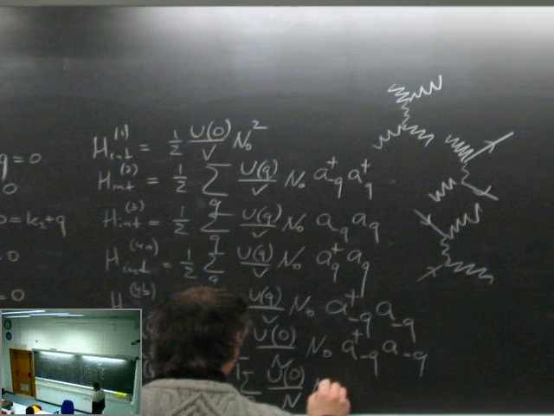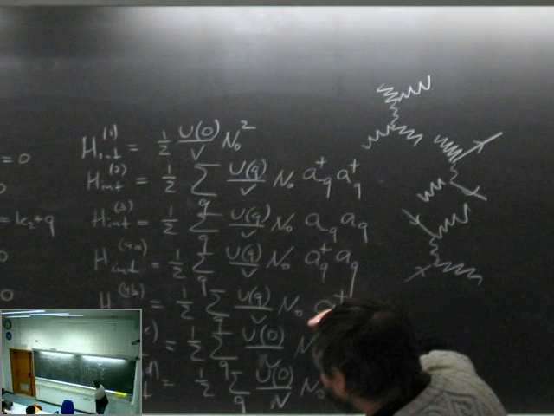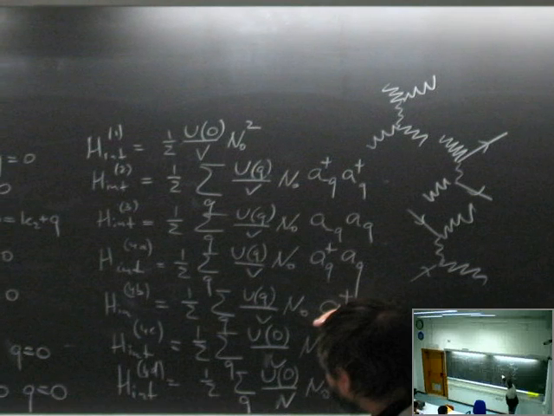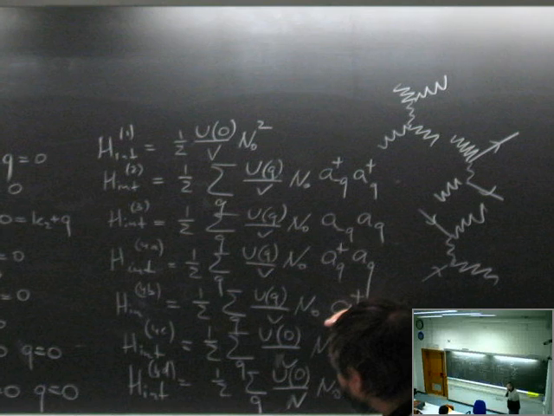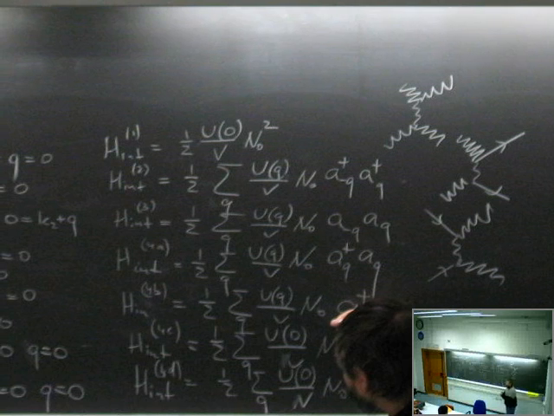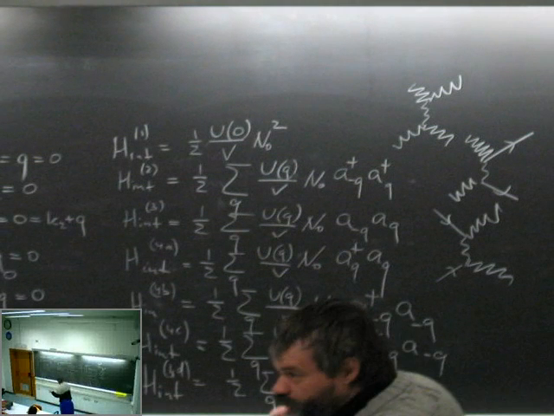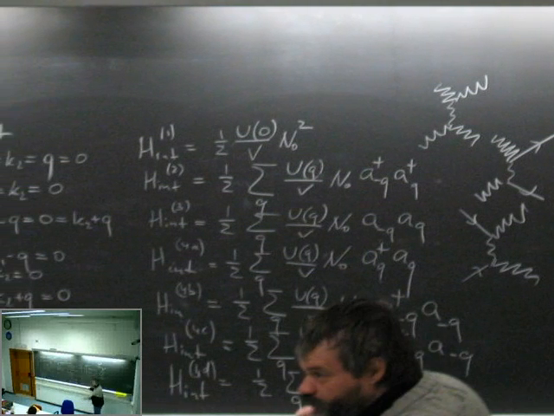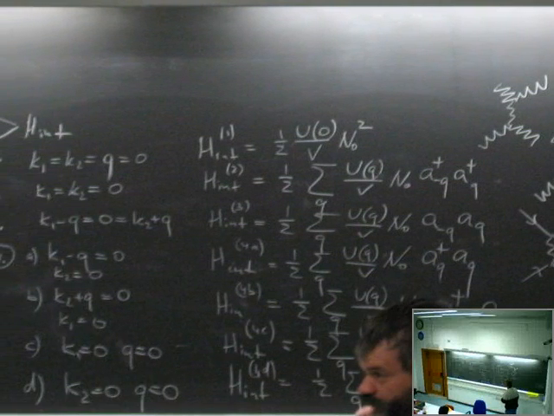So that's all. You see that the only difference between these two terms and these two terms is that in one Q is not equal to 0, while in the other one Q is 0. For contact interaction, which exists only at the size of the well, these four terms are identical. For short range interaction, they are not.